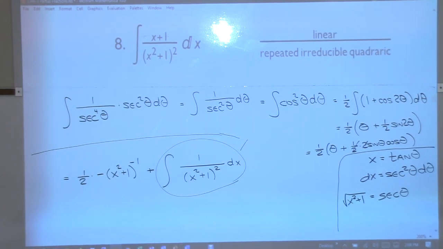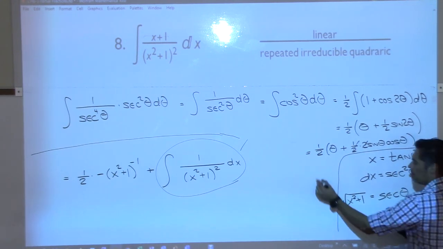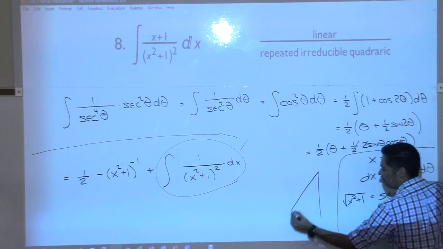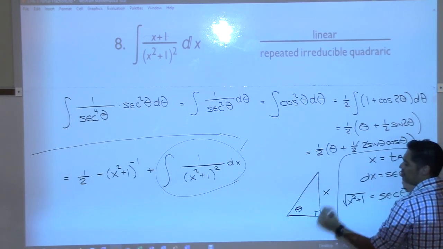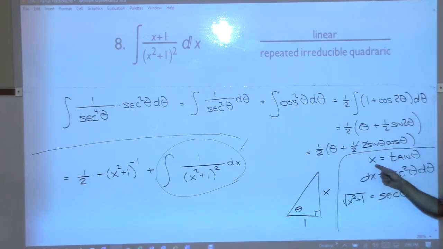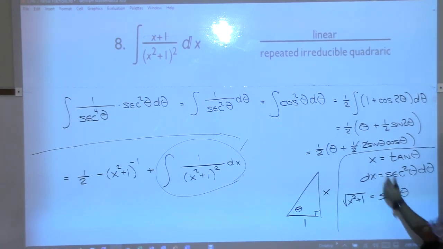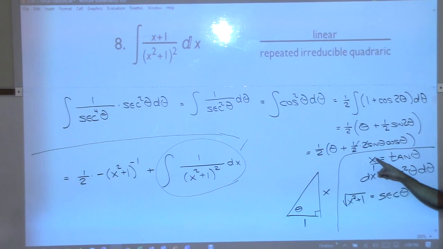Now, let's get all the information we need. We need to know what sine and cosine of theta are. Here's what we know about theta. Tangent of theta is x. So this is our triangle time. Theta, let's see, x here and 1 here, because we're going to look at that x as being a fraction, x over 1, opposite over adjacent.